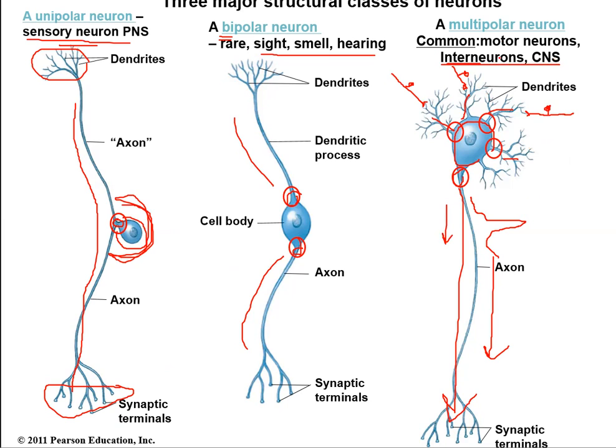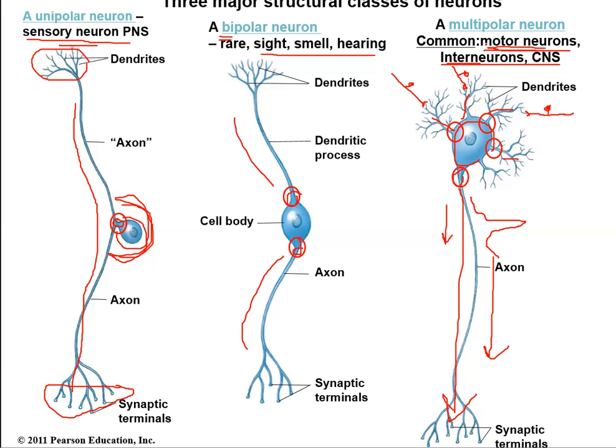So maybe multiple different parts of the body, the brain, can decide that, hey, I should contract this muscle, I should move my arm in this way. And so any of those places can trigger an action potential and therefore command a muscle to start contracting.